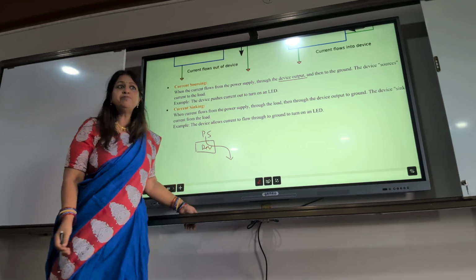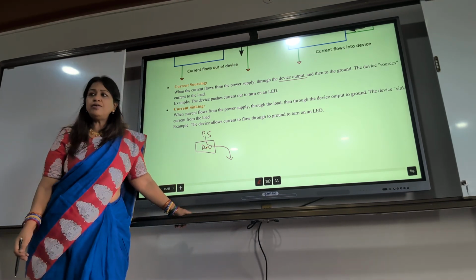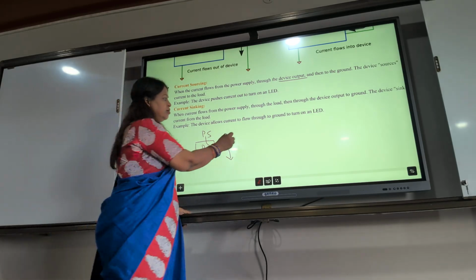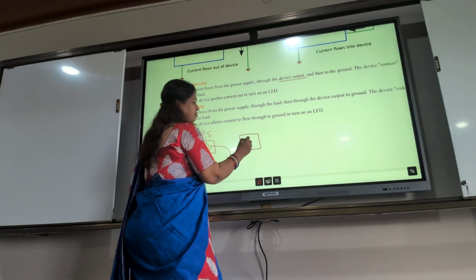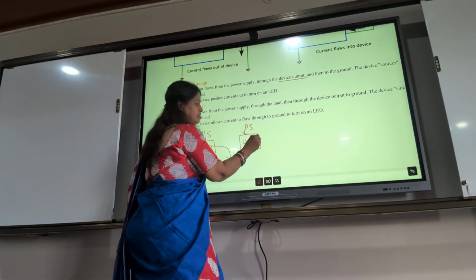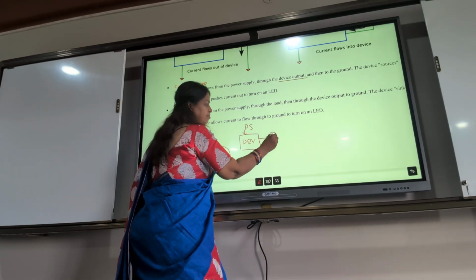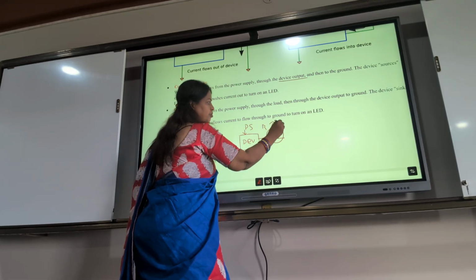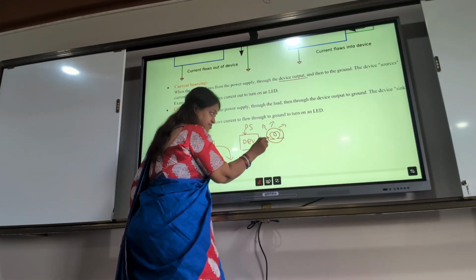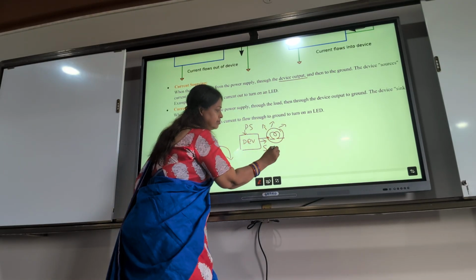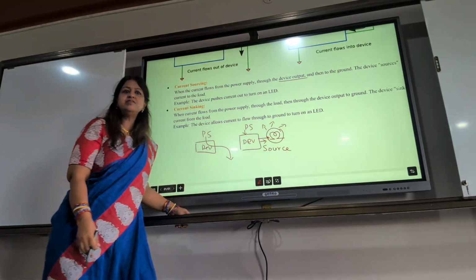Example, the device pushes current out to turn on an LED. Okay, this is your device. You have a power supply. This is taking power from this, and this is making a line to ground. What it does, it gives the current, which we call as source.